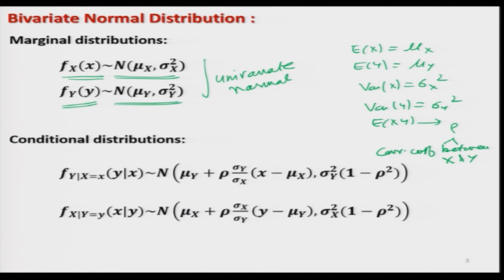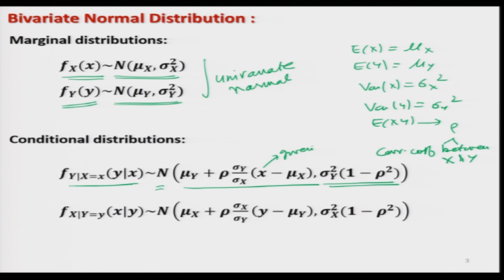Similarly, if you want to find the conditional distributions, the conditional distribution of y given x will also be normal, but it will have a different mean and different variance. The conditional mean in this case is mu y plus rho times sigma y upon sigma x into x minus mu x. Obviously, you must understand that here x is given, and the conditional variance will come out to be sigma y square into 1 minus rho square.